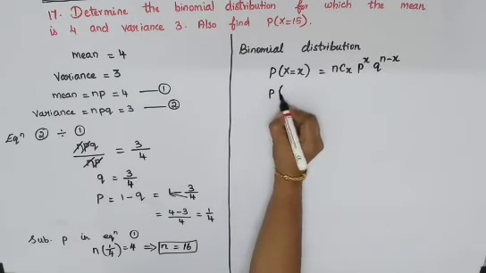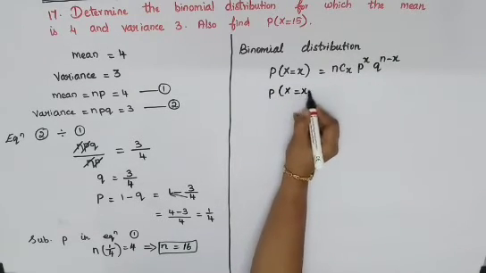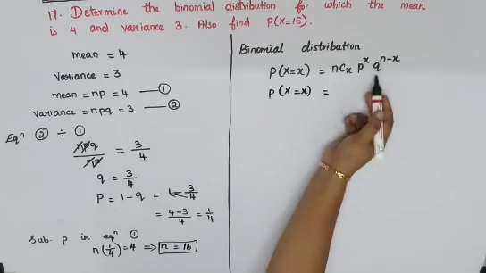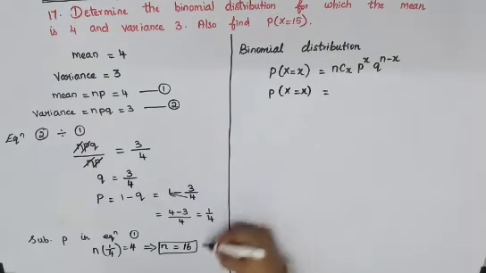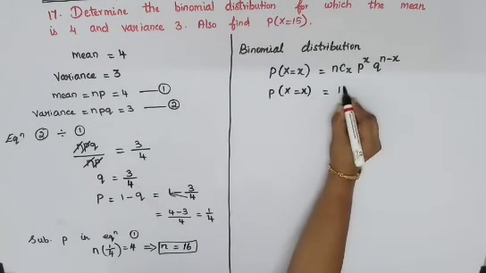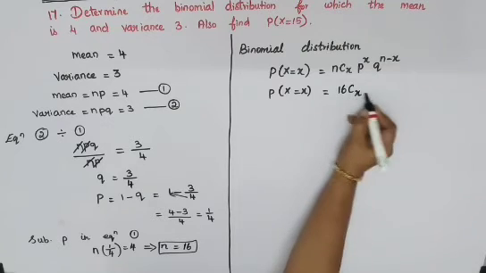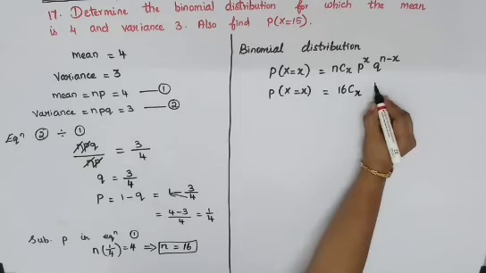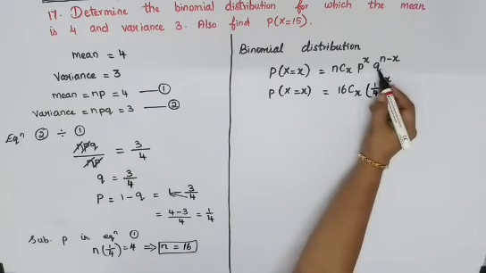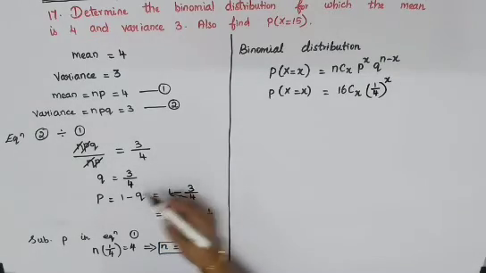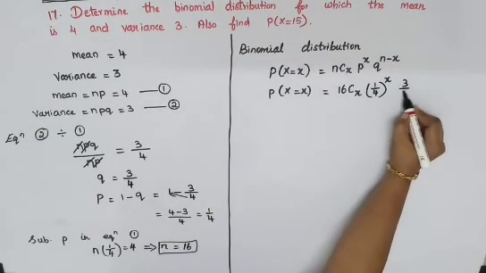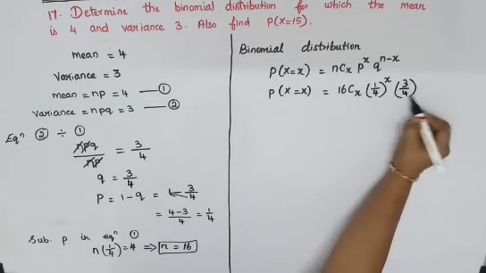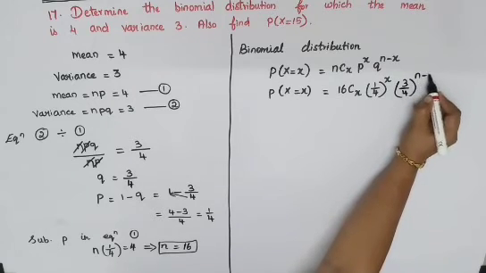So P of X is equal to x is, now substitute all the values, we got it over there. Okay, so n is here 16. So 16 Cx P power x. So P is your 1 by 4. So 1 by 4 power x, and your Q is 3 by 4. So 3 by 4 power n minus x.